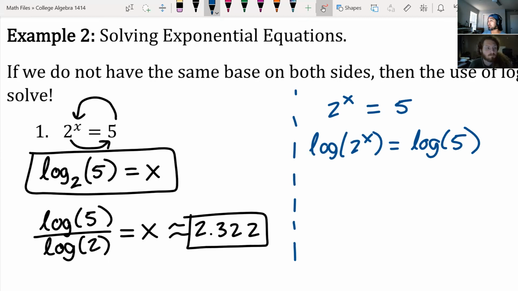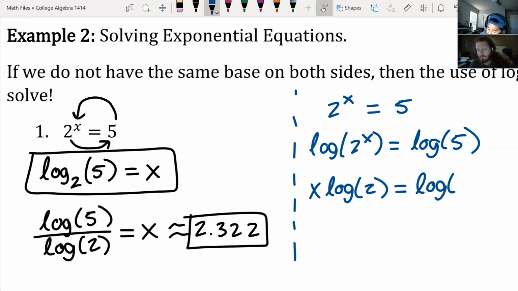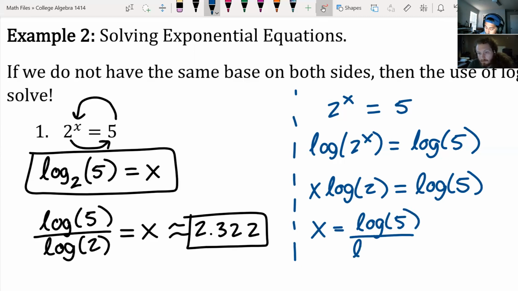So I apply logs to both sides. And then I'm going to use power rule, which means the x will come down. And we'll get x log 2 equal to log 5. And now all we have to do to solve for x is divide by log 2. And x equals log 5 over log 2.